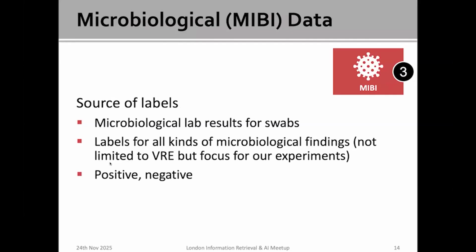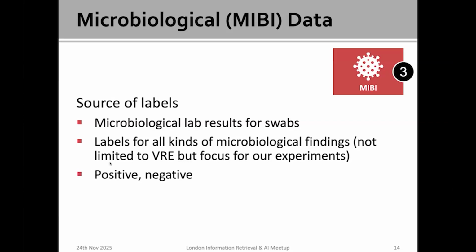But to run the predictions and to train the model, we can only compare it to actual valid information. So we will only train it on those patients that we have labels for, and labels in our case are swab results, for example. So those swabs that were performed for patients, and we know either if a patient is negative at some specific point of time or if the patient was positive during that time.